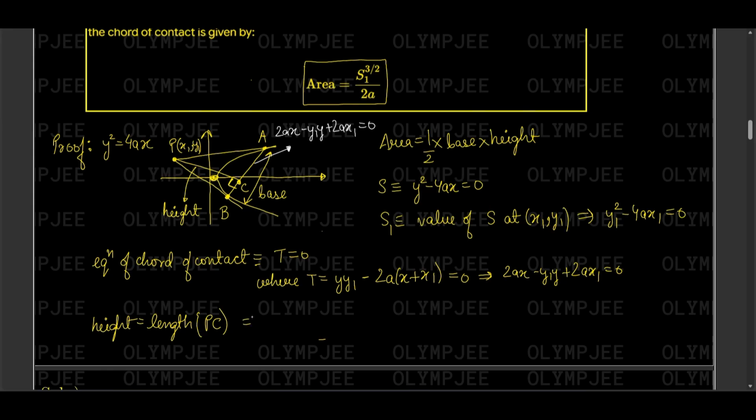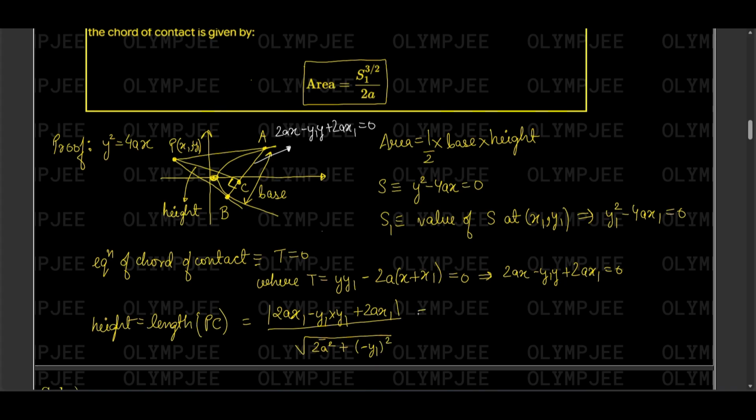The length will come out as 2a into x1 minus y1 multiplied by y1 plus 2ax1, divided by the square root of 2a square plus y1 square.